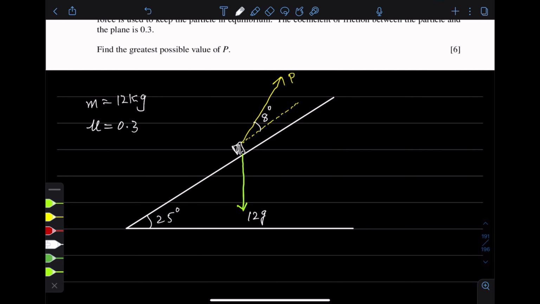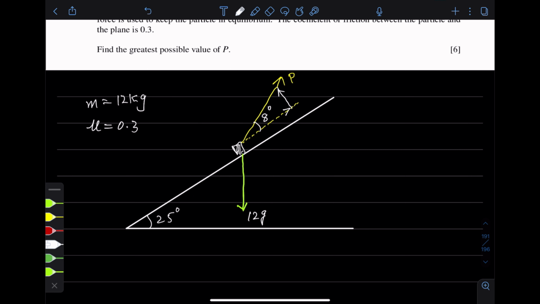Now we will resolve these forces. First we resolve this force P acting on this particle. This is the component along the plane, and this component is perpendicular to the plane.